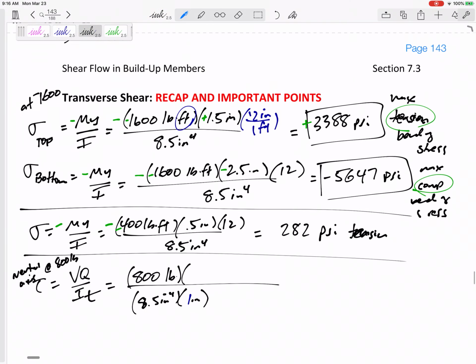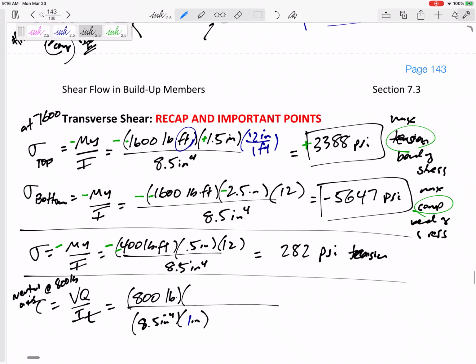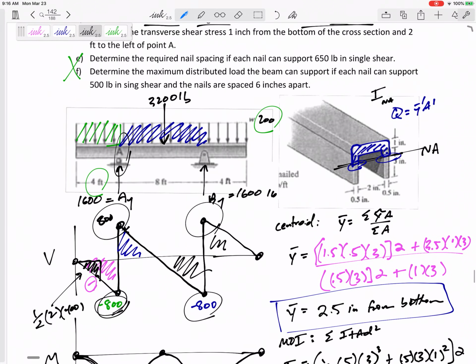All right, so Q, here's the hard part. Q is y bar prime, A prime. A prime wouldn't be too terrible to find for this blue shape that I just penciled in. But the y bar prime, where is the centroid of this? That would be tough to find.